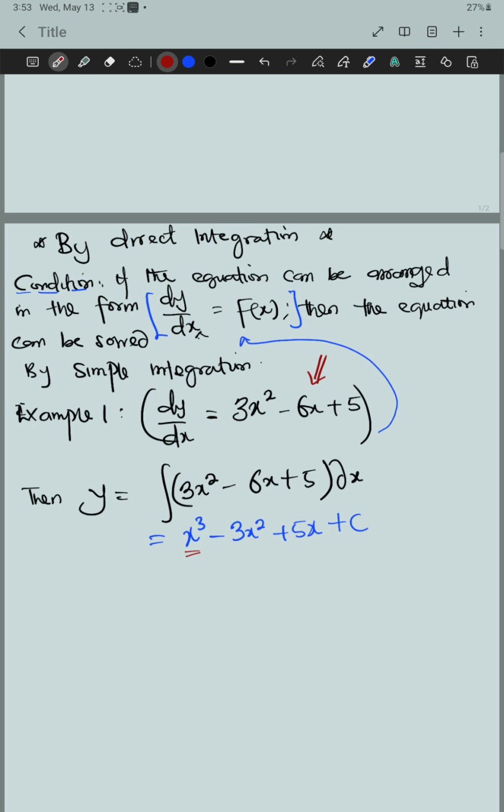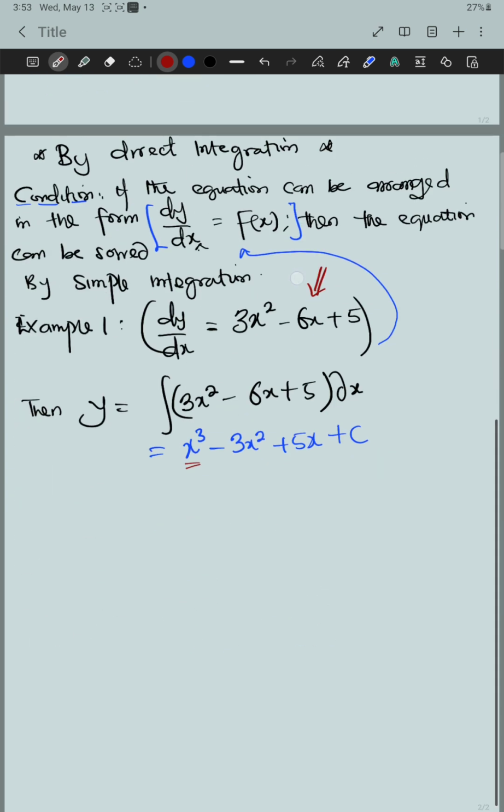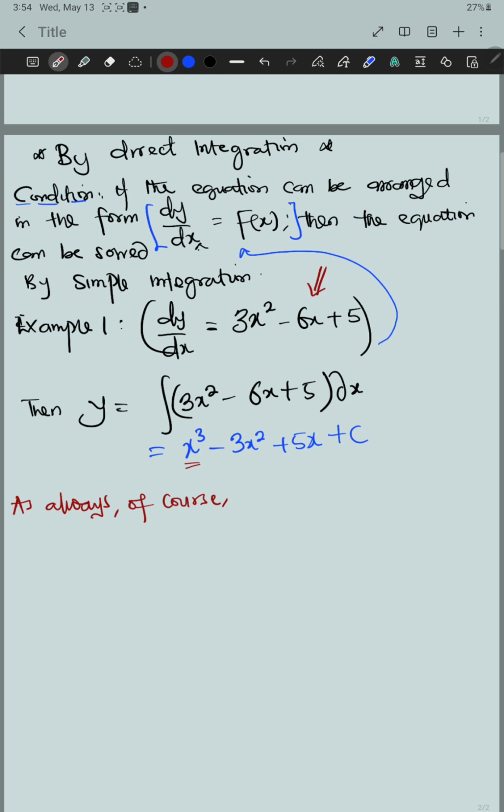As always, the constant of integration must be included. Let's not forget that. This c must be included.